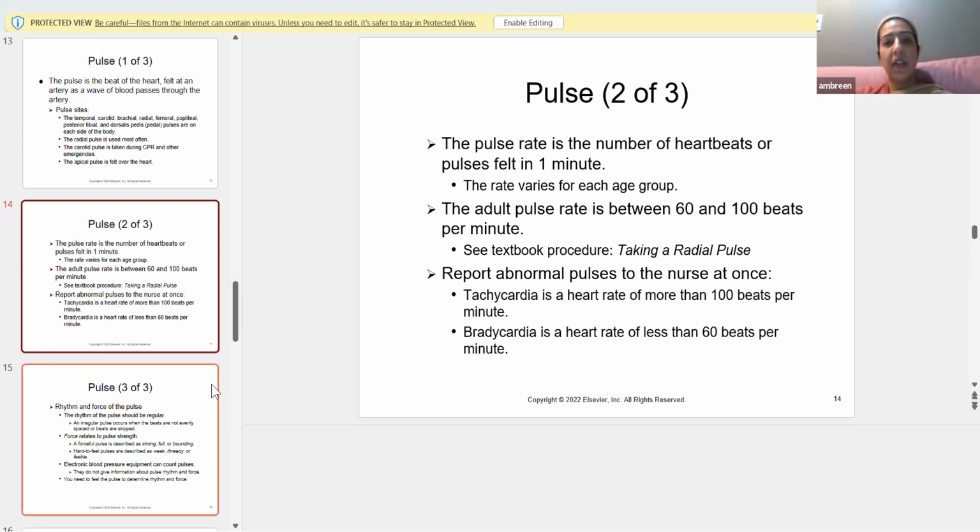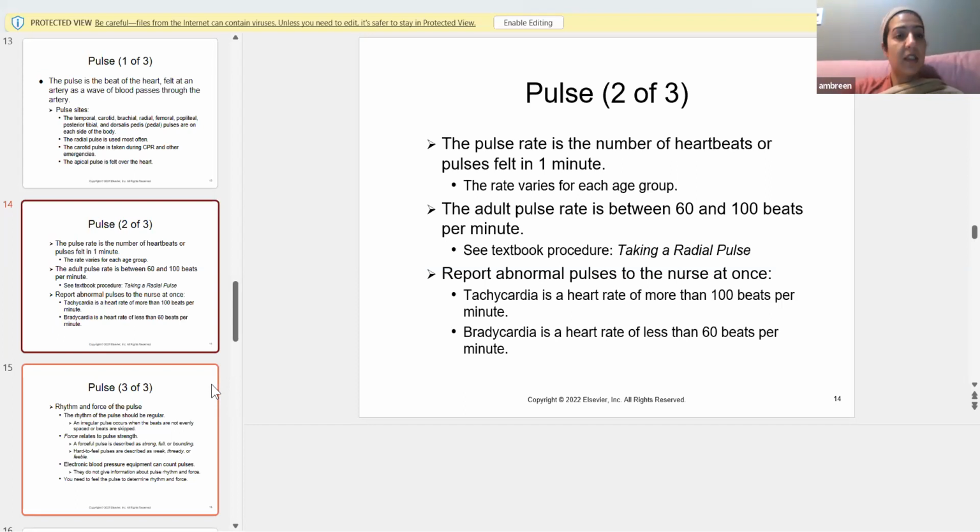The adult pulse rate is between 60 and 100 beats per minute. Report abnormal pulses to the nurse at once. Tachycardia is a heart rate of more than 100 beats per minute, and bradycardia is less than 60. If you see somebody's pulse is less than 60, they have bradycardia.